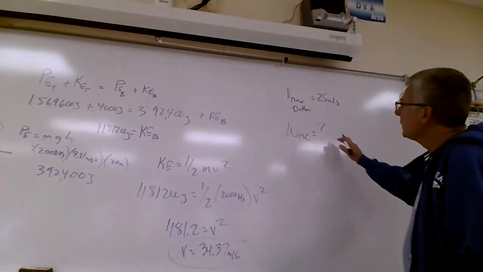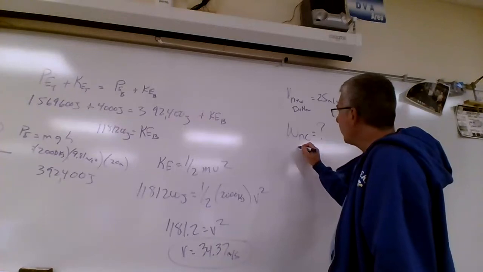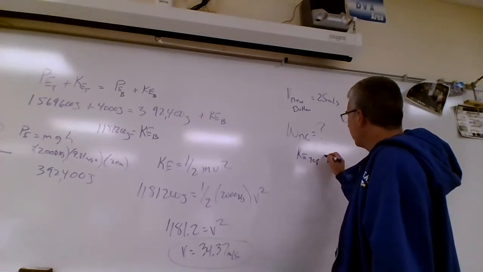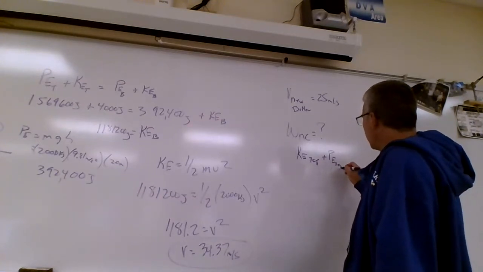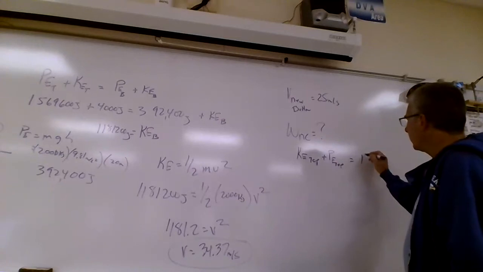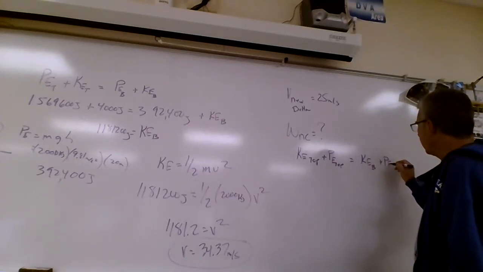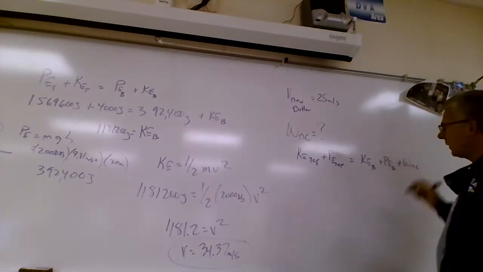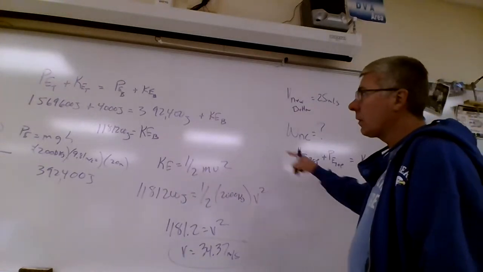So for this scenario, we would do KE at the top plus PE at the top equal to KE at the bottom plus PE at the bottom plus non-conservative work. Okay? So we already got our numbers.